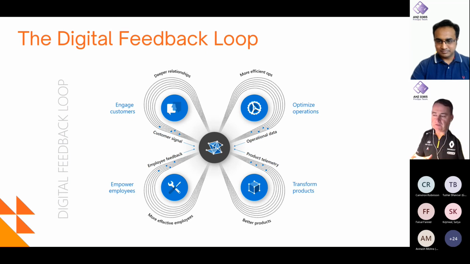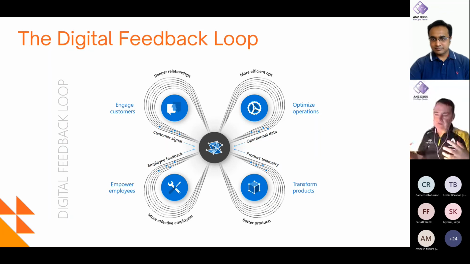What I mean by that is most businesses are split up into these four key business areas where we are empowering employees to do their job, engaging with customers to sell products and services, optimizing our business operations, and transforming products or services. And all of those are very much centered around a business process.